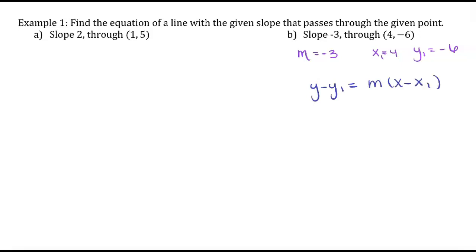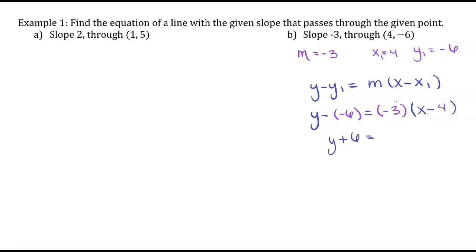Now, instead of y minus y1, we want y minus -6. And instead of m, we can substitute -3. Finally, instead of x minus x1, we want x minus 4. Simplifying this, we will have the equation of our line. Y minus a -6 is y plus 6.